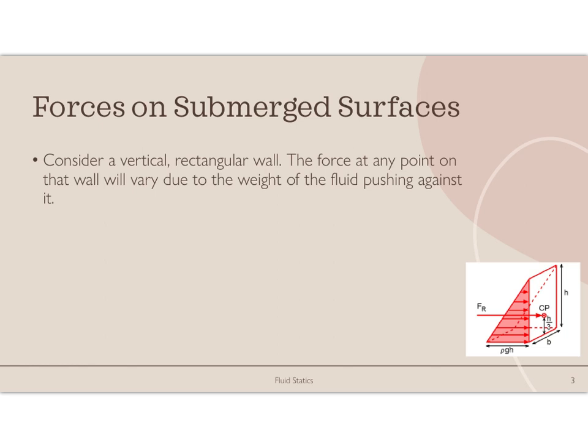And in this case, because this is a fluid, from 0 to h for the height, rho g z times the area of the wall is going to give me my overall pressure at any particular location.